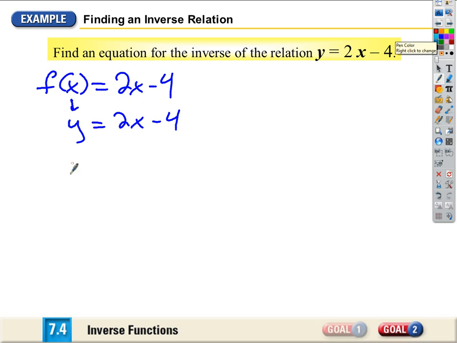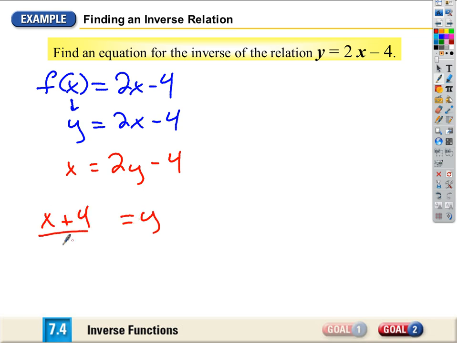So this becomes an x, that becomes a y, and now all I do is solve for y, and that's the inverse. So what are the two steps I would do in order to get that y by itself? What do I do first? Add 4, then divide by 2. So if I do that stuff, don't I get y equals x plus 4 all over 2?